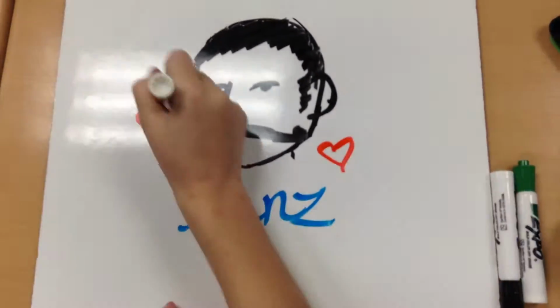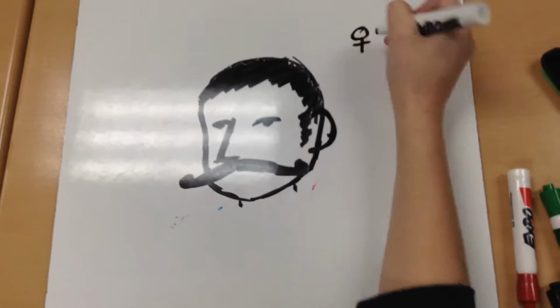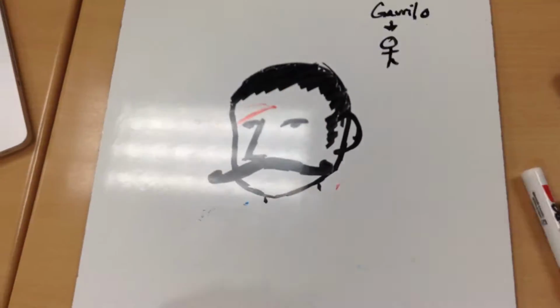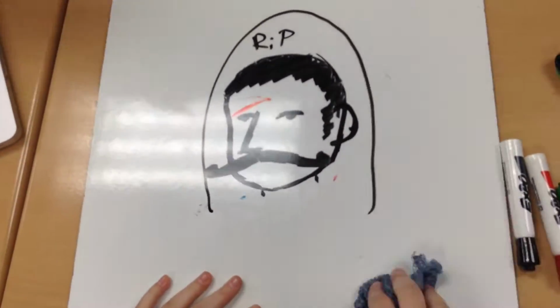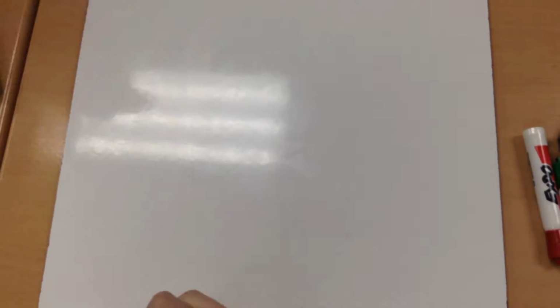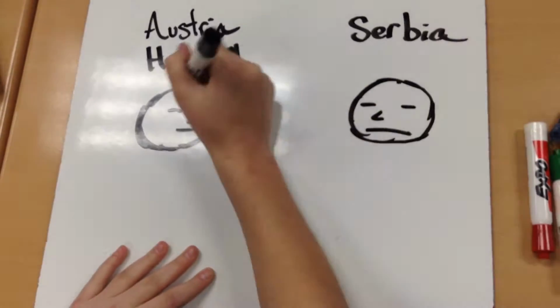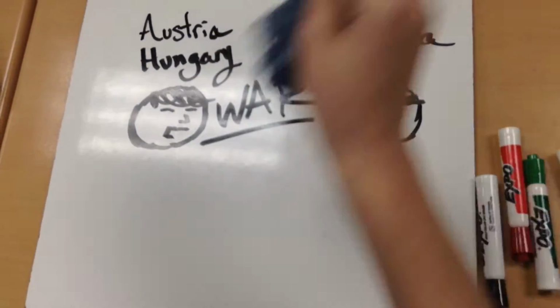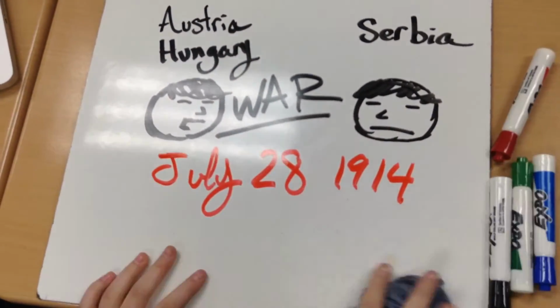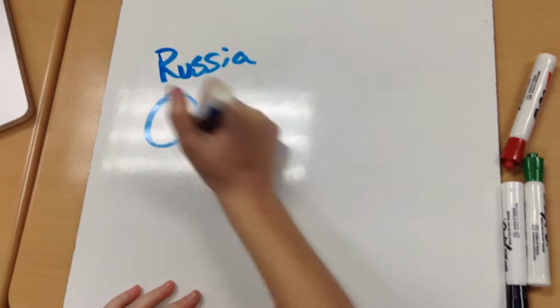The conflicts that led into the war started to arise when Serbian Gavrilo Princip assassinated Franz Ferdinand in 1914. This was the trigger for the two countries of Austria-Hungary and Serbia that weren't already getting along to go to war. Austria-Hungary declared war on Serbia on July 28, 1914.